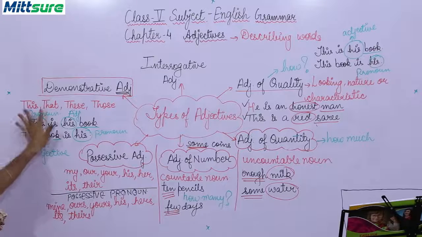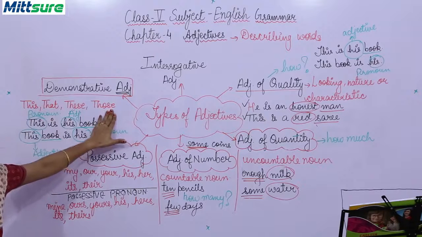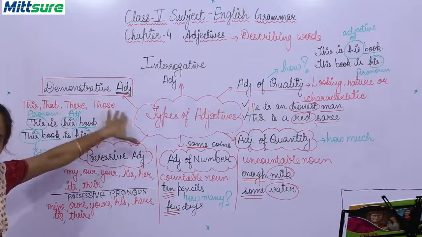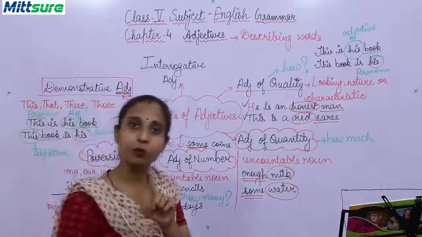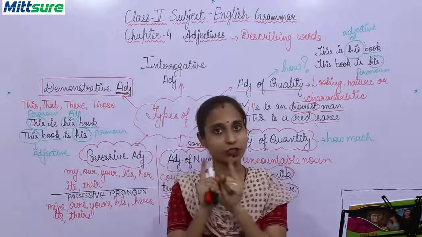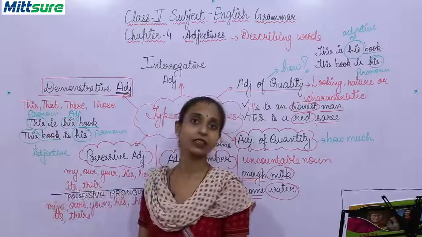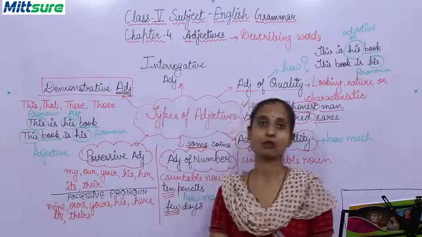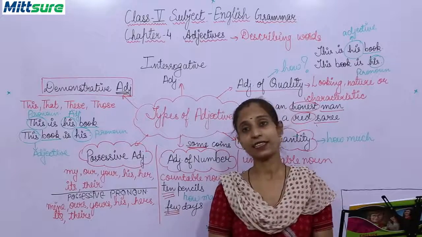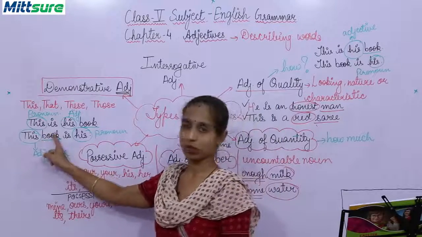That means this, that, these, those, if they are coming just before the noun or a pronoun, then they will be demonstrative adjectives. If they are not coming just before the noun or pronoun they are describing, then they will be pronouns.